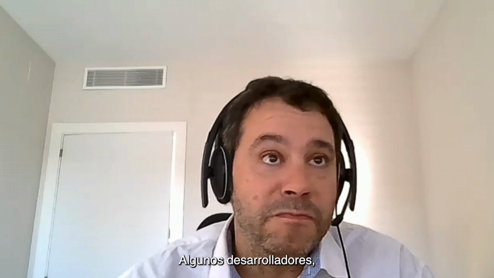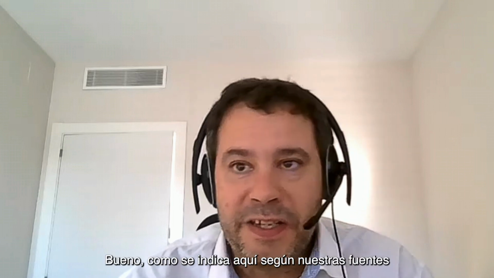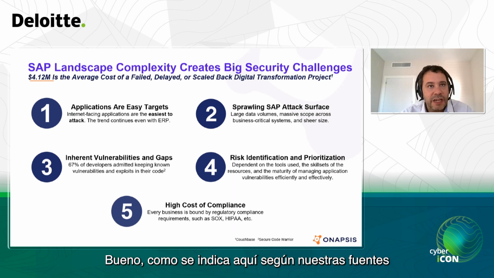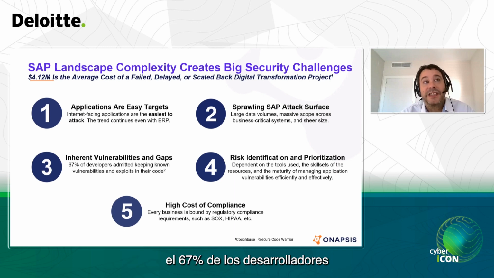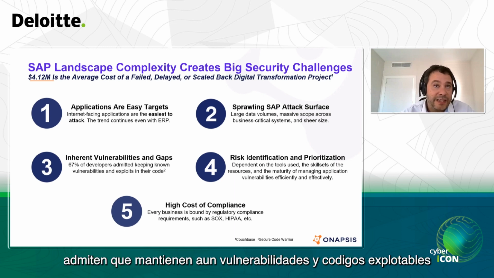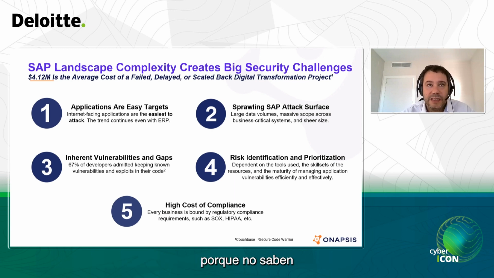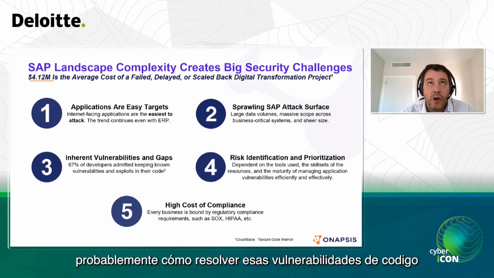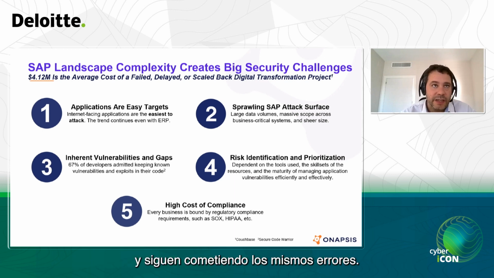And still, as it says here from our sources, 67% of developers admit that they keep known vulnerabilities and exploits in their code, because they probably don't know how to solve those vulnerabilities, and they keep making the same mistakes.